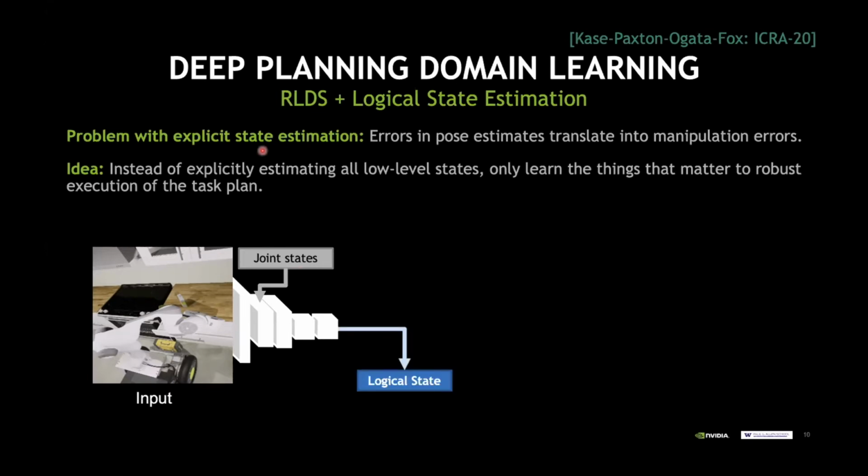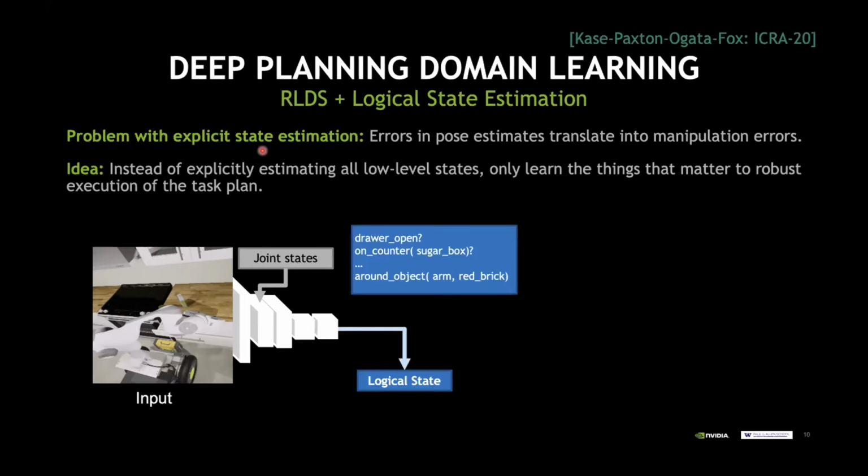Then we have a network that is trained to predict the logical state of that execution system. For example, the logical state might contain predicates like, is the drawer open? Is the sugar box on the counter, and things like that. These are all propositional at this point, so all instance-based. The system is trained on those.